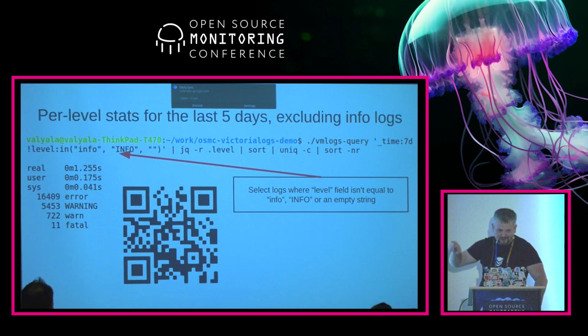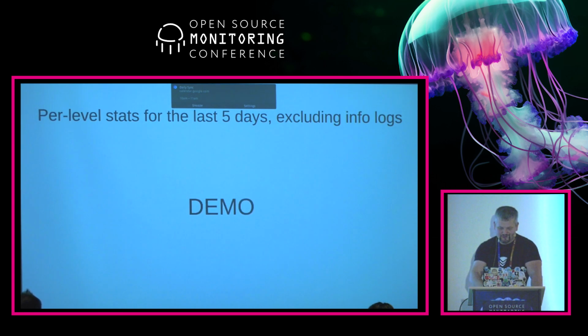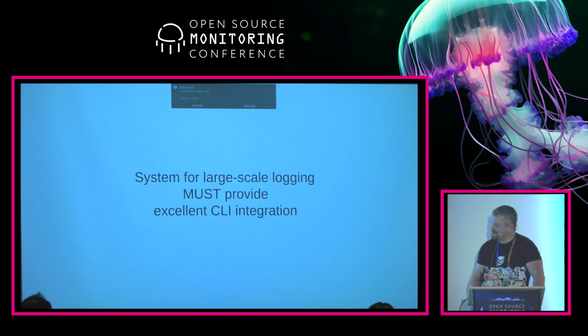You can see level colon in. This means that this query returns results only for log lines which do not contain level with info message. Here should be a demo.